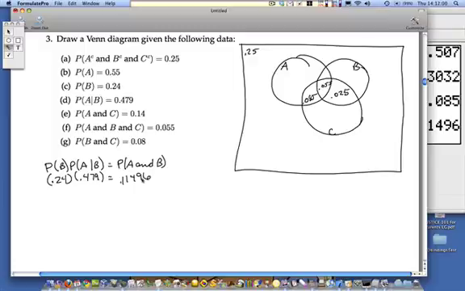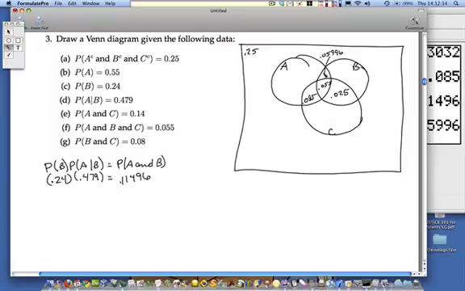I did that on the calculator. Okay, 0.11496 goes here, but we've already accounted for 0.055 of that probability. So we need to subtract this from that 0.11496. If I do that, I get 0.05996. And I'm just going to put an arrow to it because I don't have enough room to write it there where you can see it.